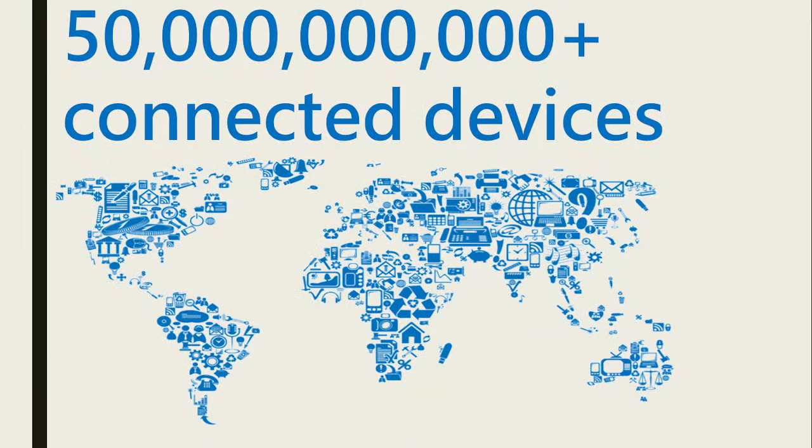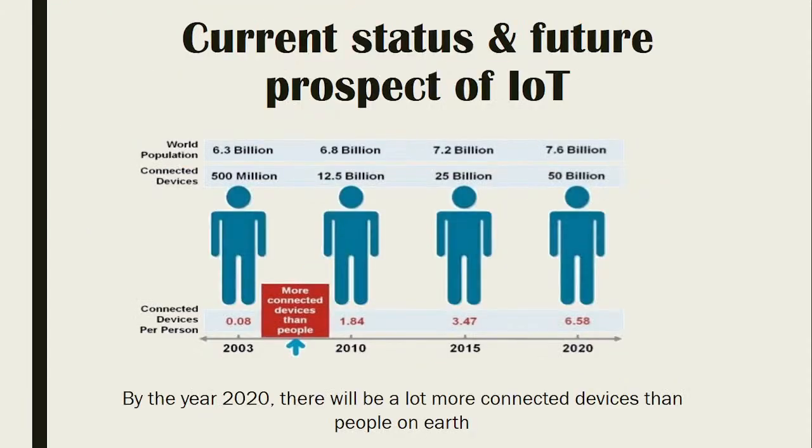Then the main reason why Internet of Things emerged is because of the number of devices connected. So I'll show you a graph, a diagrammatic representation of the number of devices connected and population. From this we can deduce the reason why this technology called Internet of Things has emerged.